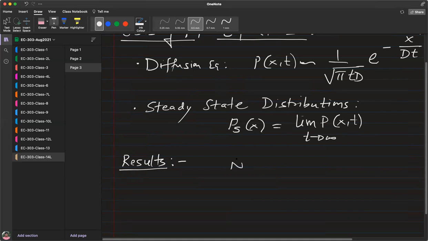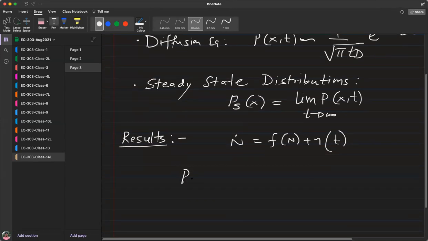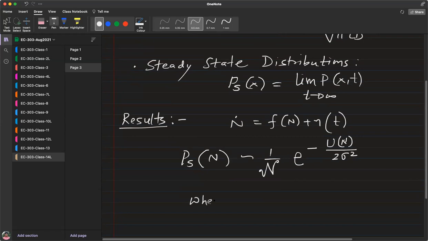If we have an equation of this form, simple additive noise, it turns out that the steady state follows this really simple form, where this is a normalization constant.